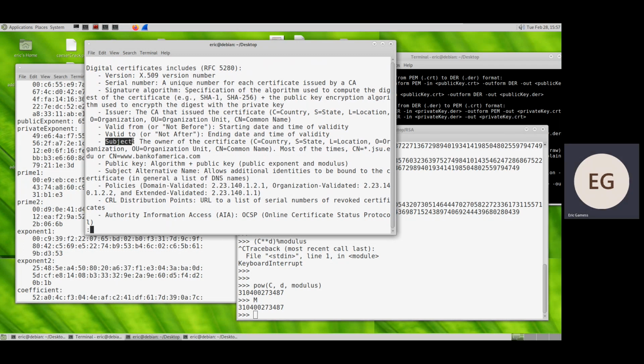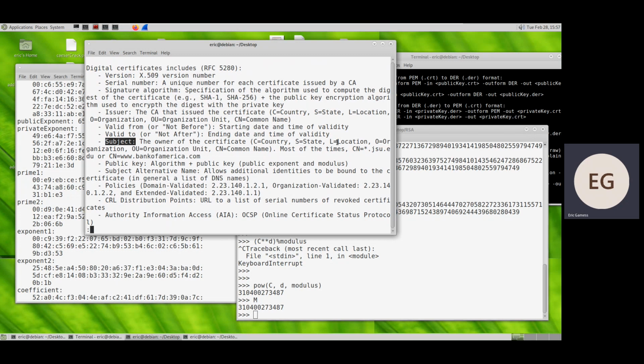The subject is to whom we emit the certificate. So the issuer will be DigiCert, and DigiCert emits a certificate, for example, for JSU. DigiCert signed the public key of JSU. So this is the owner of the certificate. For example, in country we will put USA. In state, we will put Alabama.